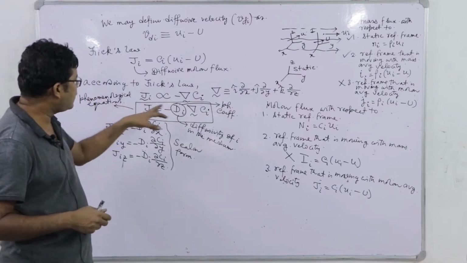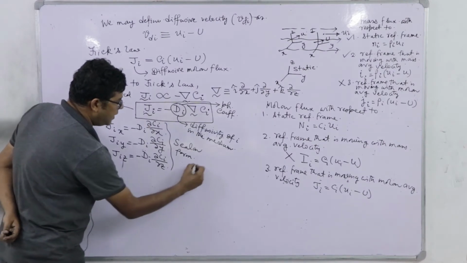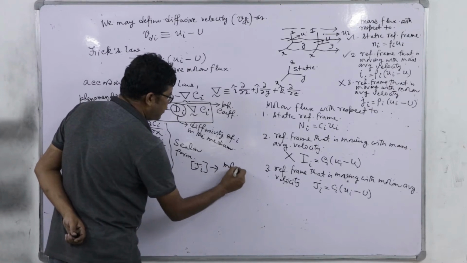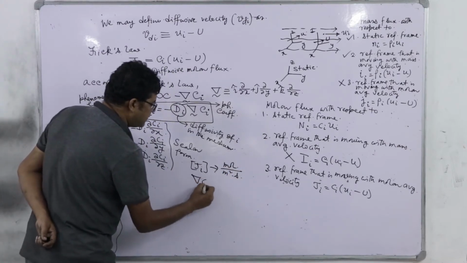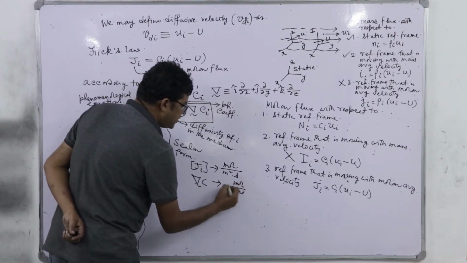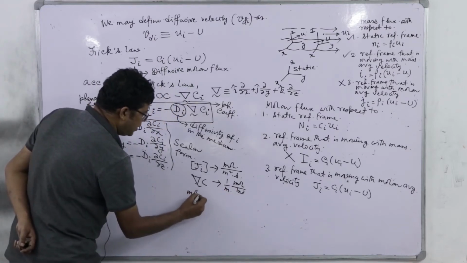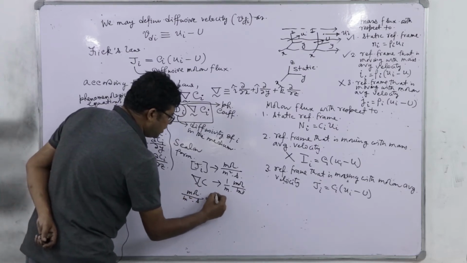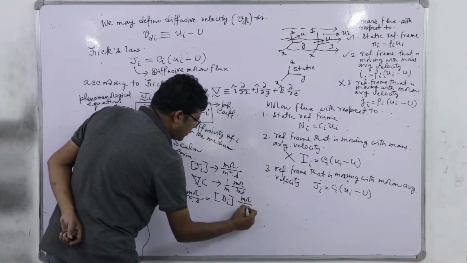So, we can actually get the unit of diffusivity. Ji is represented, as we have discussed, as mole per meter square second. Now, grad of concentration is mole per meter cube into 1 by meter. So, mole per meter square second is equal to Di into mole per meter to the power 4.